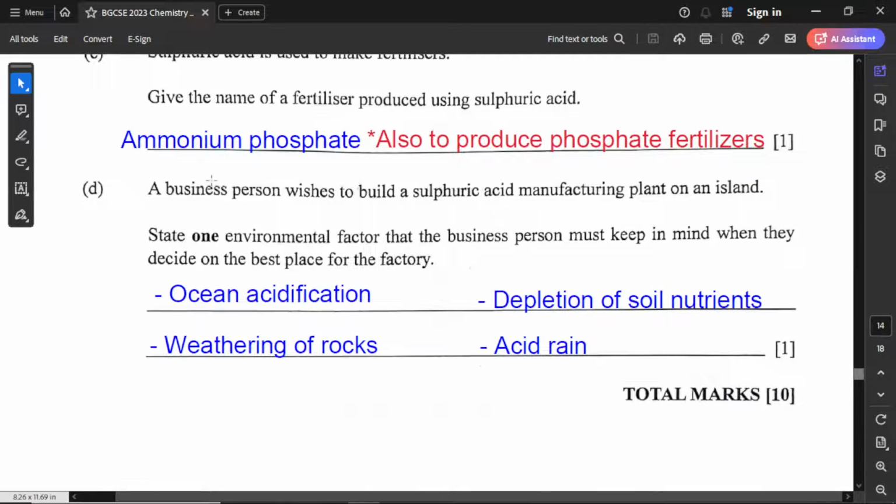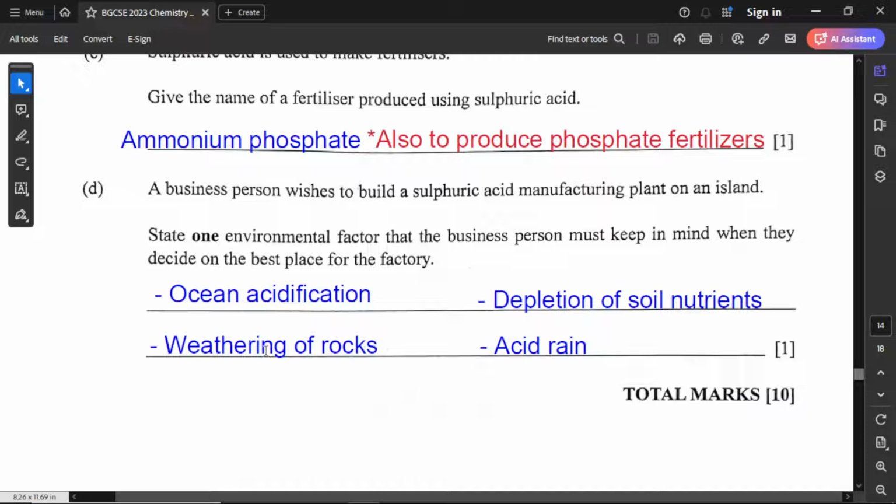All right, and then a business person wishes to build a sulfuric acid manufacturing plant on an island. State one environmental factor that the business person must keep in mind when they decide on the best place for the factory. One they must think about is ocean acidification. If it's close to the ocean and you have discharge of acidic waste, then the ocean becomes acidic.